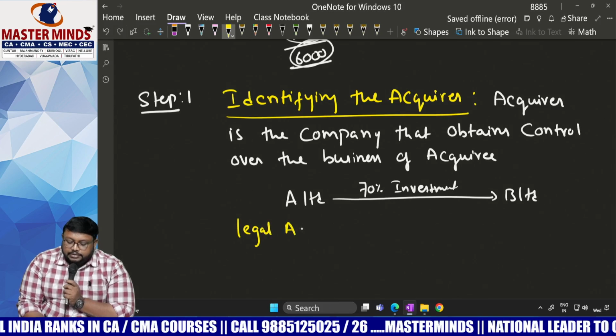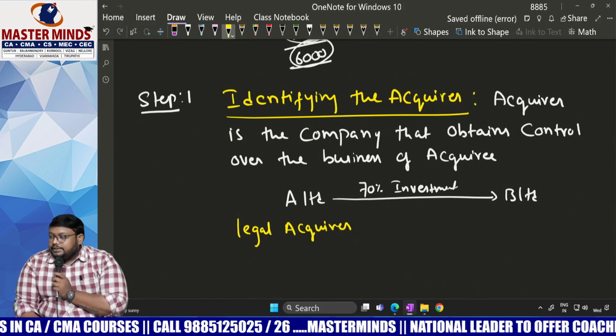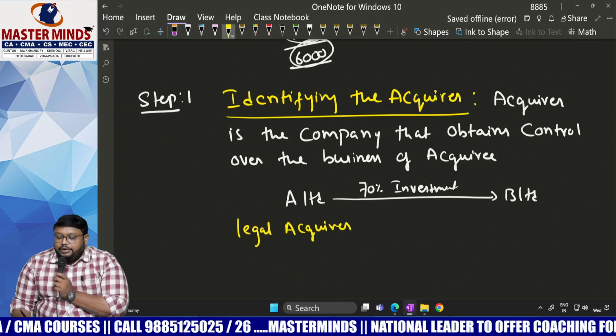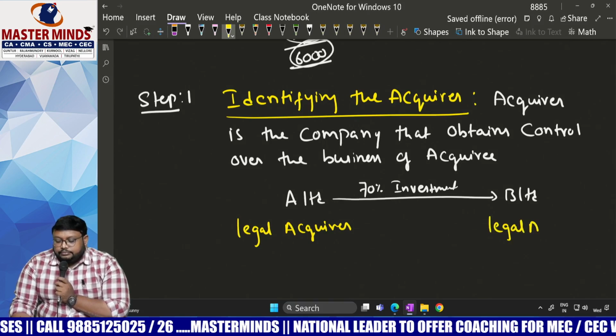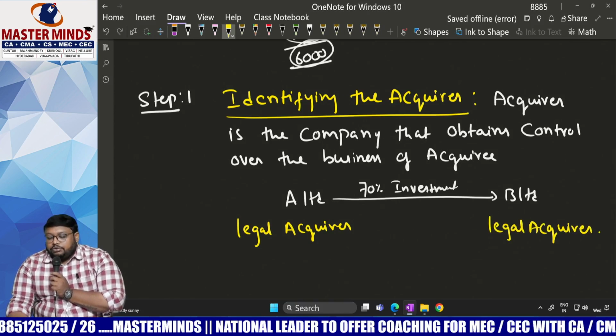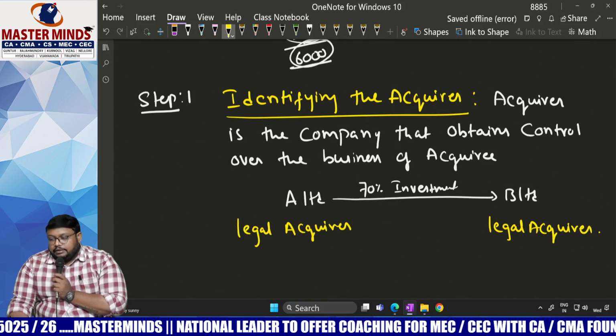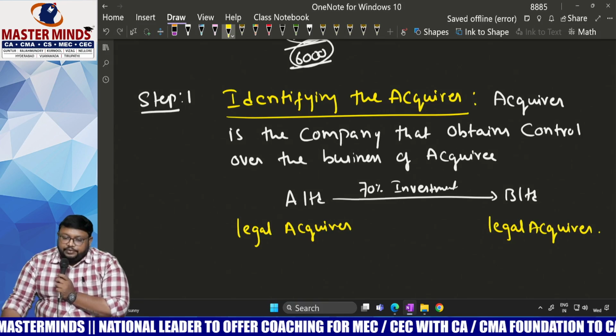Legal acquirer. So from a legal point of view, he is the acquirer. But from an accounting point of view, we need to check. So on the grounds of law, A Limited is the acquirer. For accounting purposes, who is the acquirer? That is what we have to know.